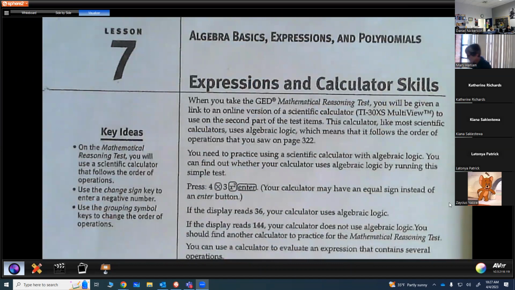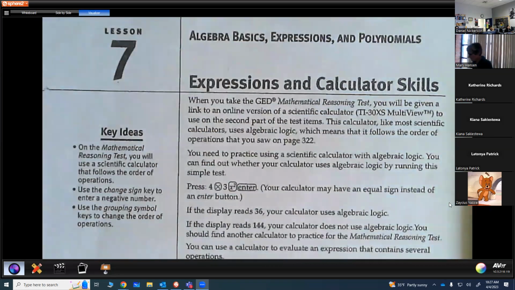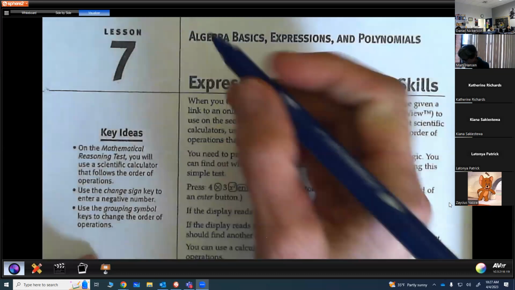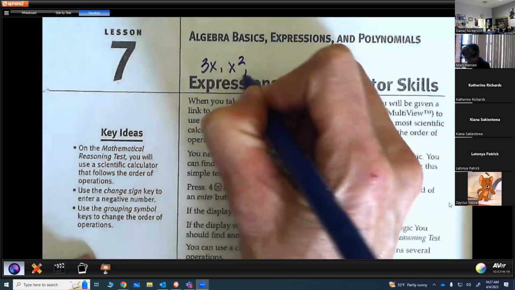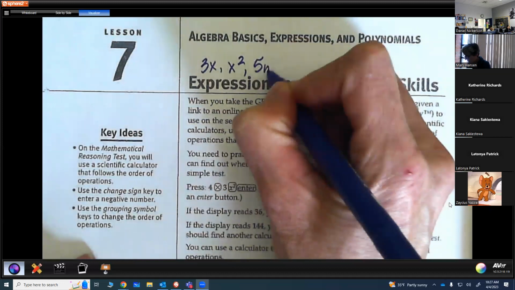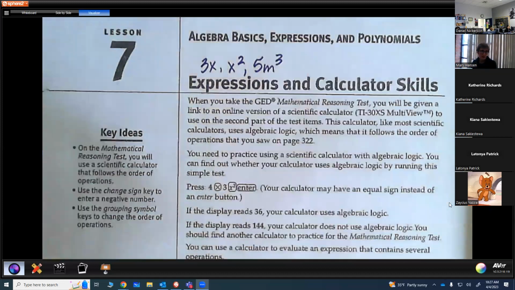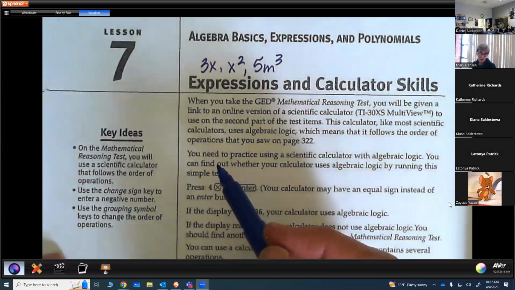All right, so we've been working with algebraic expressions. If you remember, an algebraic expression is something like 3x or x squared or 5m to the third power. We talked about how we could simplify and combine like terms, but that we can't do anything more until we actually know a value.